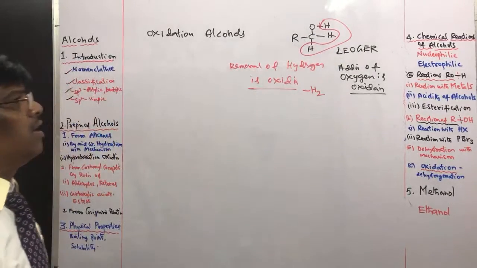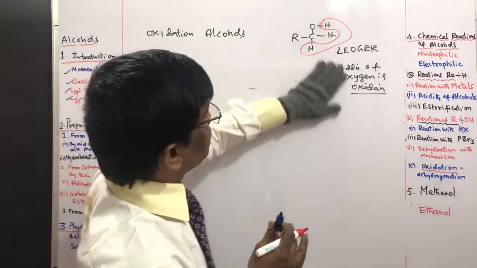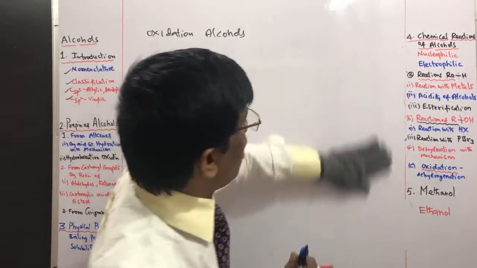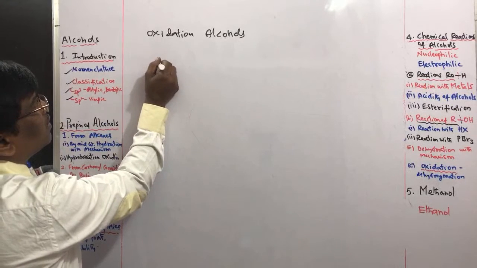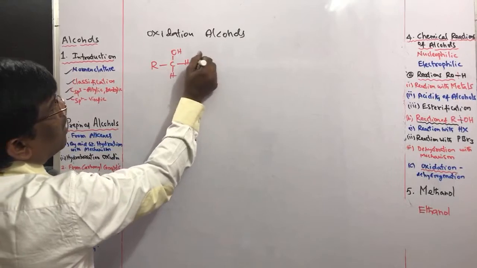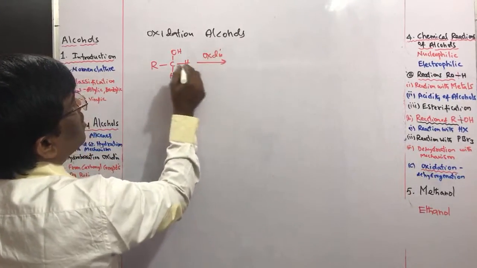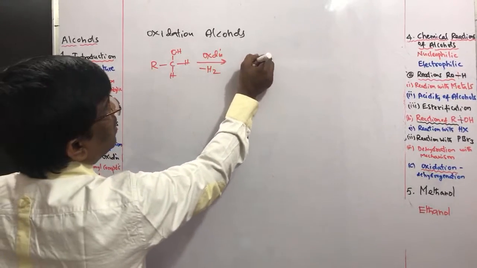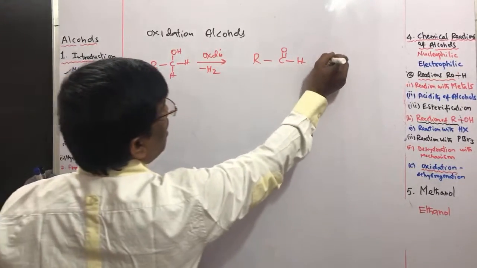What are the usual reagents available for the oxidation of alcohols, and what happens upon oxidation? If I take a primary alcohol, and do oxidation, minus hydrogen, it gives an aldehyde.